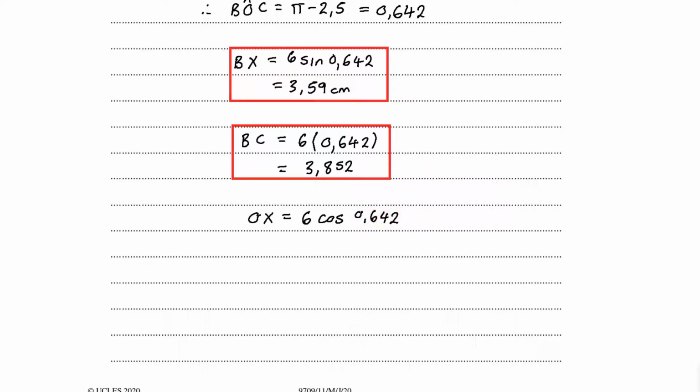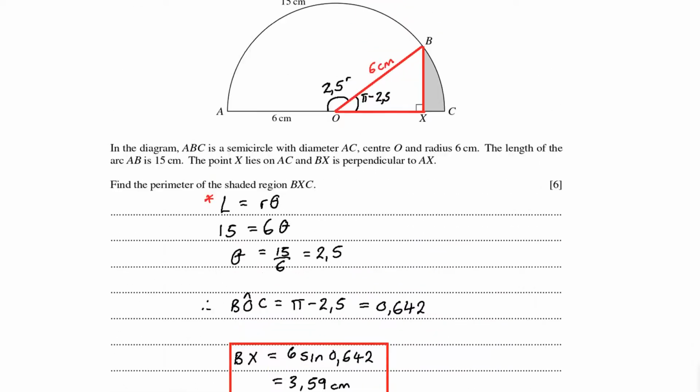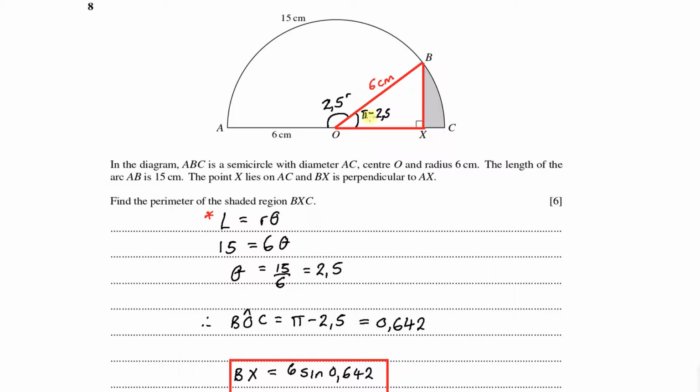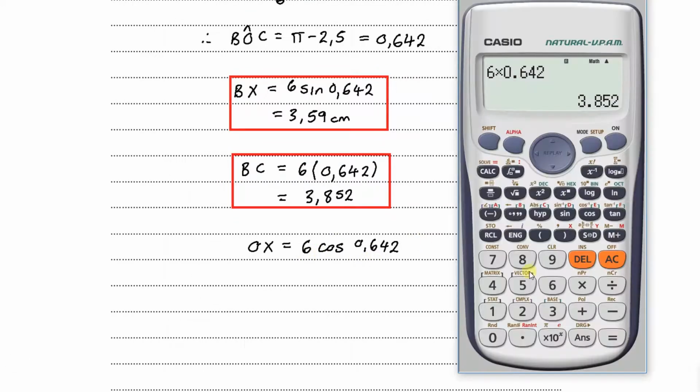So to get the adjacent side, we say hypotenuse times cosine of the angle. It's 6 cos of pi minus 2.5, which we got to be 0.642. So that's 6 cos 0.642. So I'll type it in.